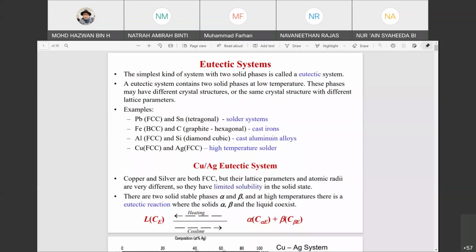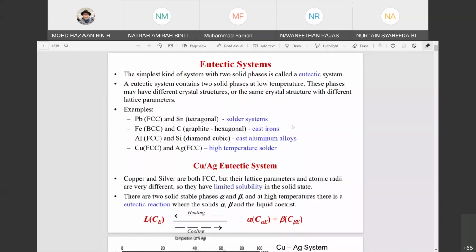Okay, so the essence of the eutectic system, as I told you, is that the reaction is basically a liquid, when it solidifies, forming two other solids, known as alpha and beta. This equation is a very famous equation to explain the eutectic process.